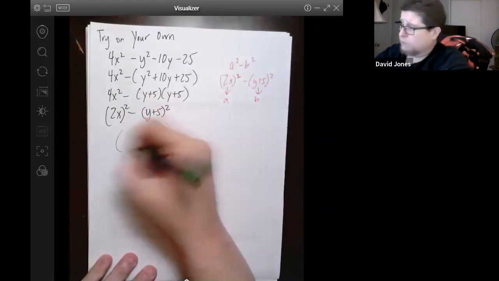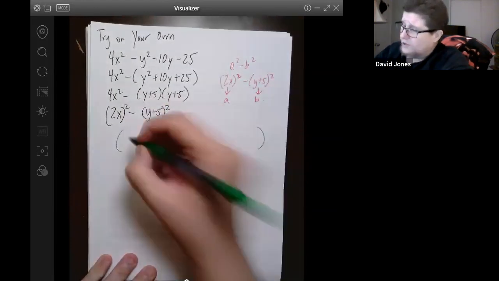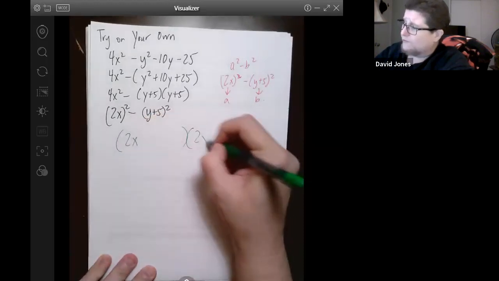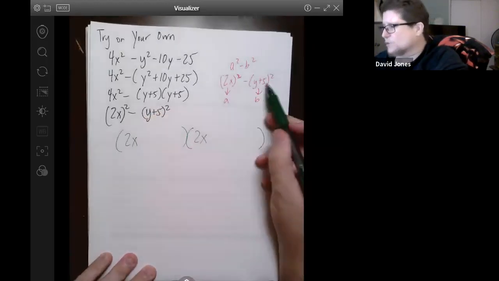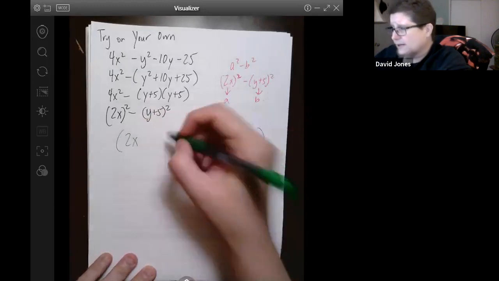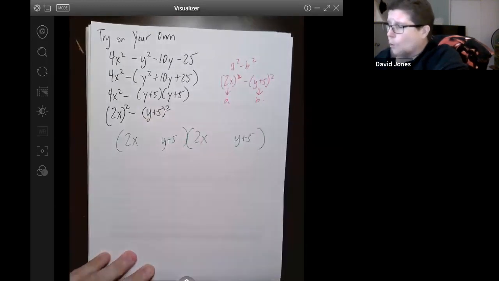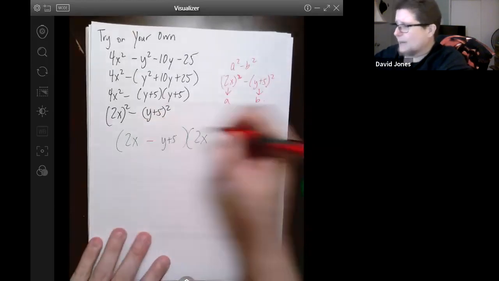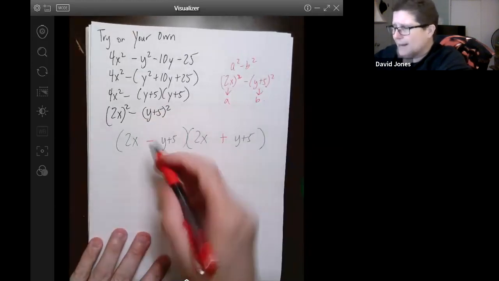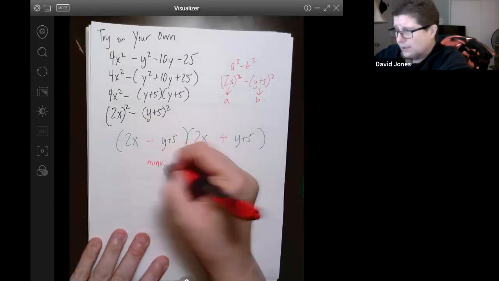With that being y plus 5, I'm going to make some big parentheses. The 2x goes in front of both just fine. But since that's a y plus 5, let's write that in. When I put a minus and plus in, this minus hits both.